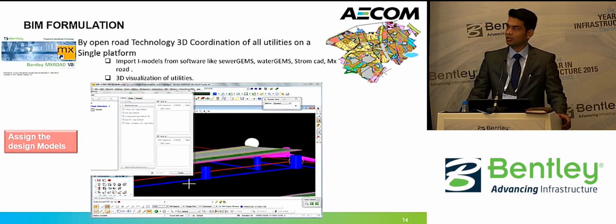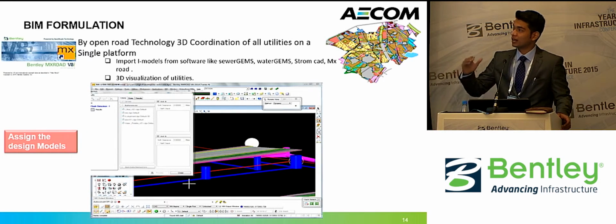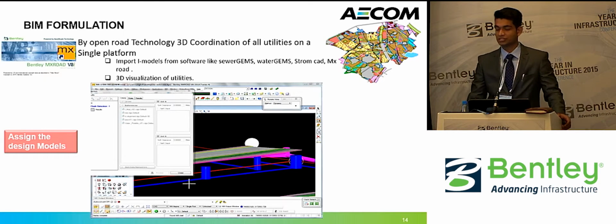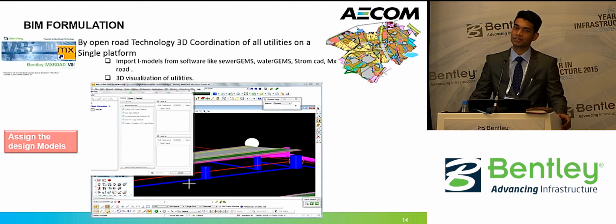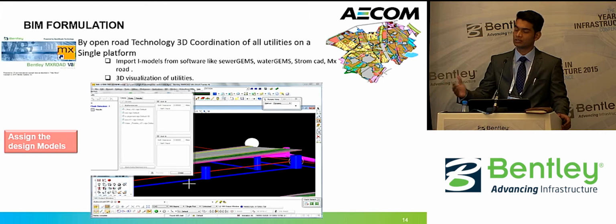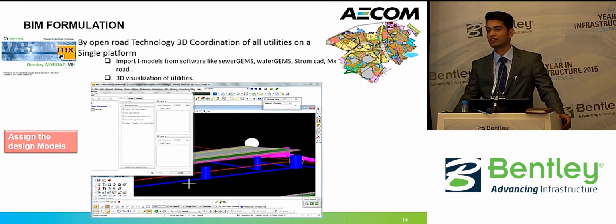Now, the main thing, we switch to clash detection. This is very mandatory in a country like India and other places. There are so many projects that suffer delay just because of problems with clashes in utilities. If a project is in execution and there is any problem of clashes, it is very hard to rectify.